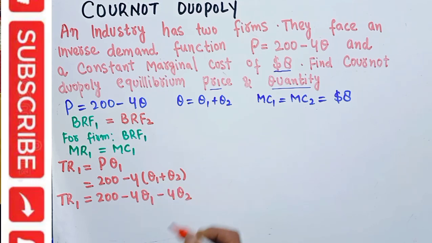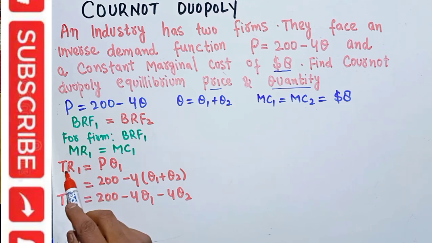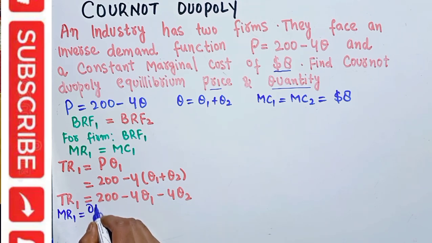Okay, simple thing. To find marginal revenue, we first need to find out the total revenue function for firm 1. Then we know that the marginal revenue function for firm 1 is simply the partial derivative of the total revenue function of firm 1 with respect to the output of firm 1. Okay, so we partially differentiate this.